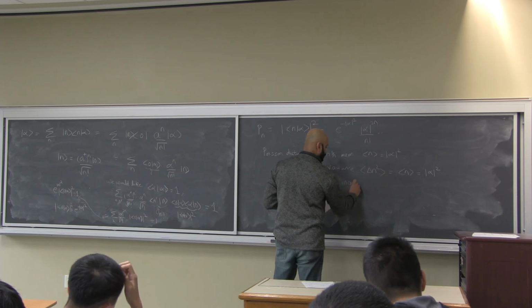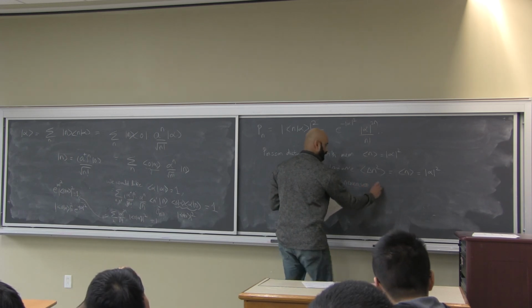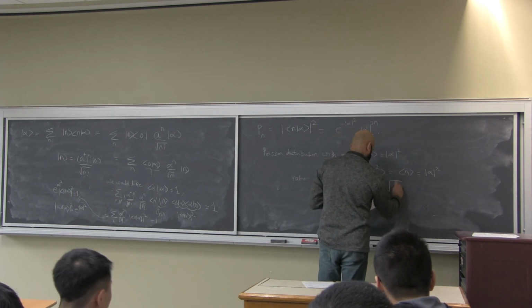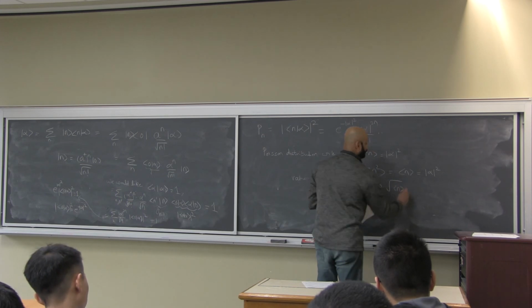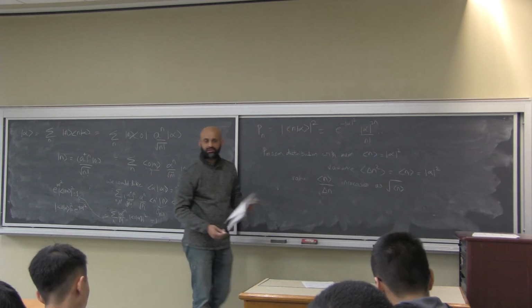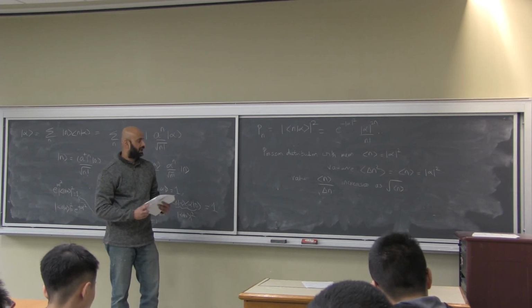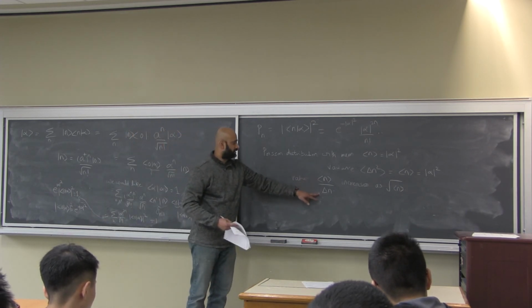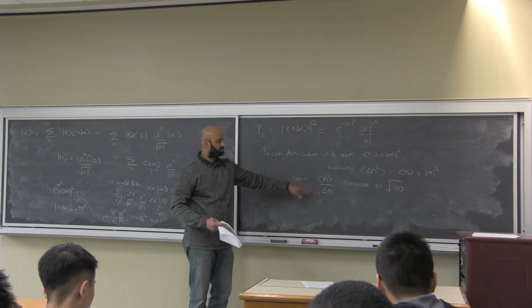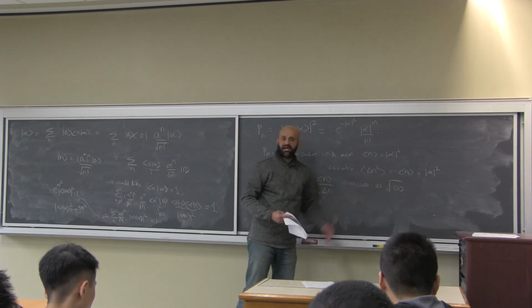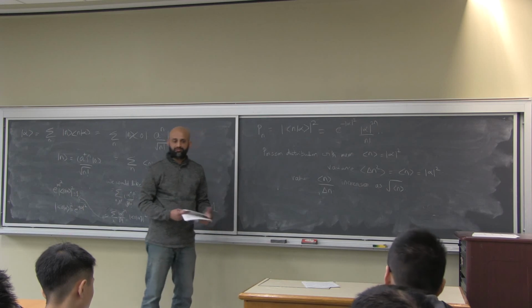So signal to noise increases as the square root of n. This is the well-known shot noise limit. If you want a higher signal, this is the signal, this is the noise, if you want this to be large, then you increase the average value n. This is the well-known result.